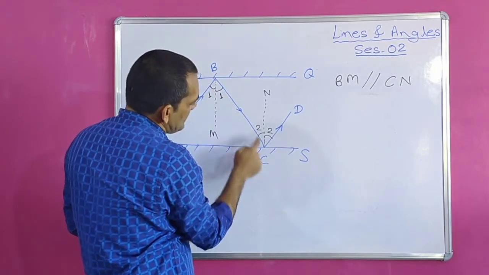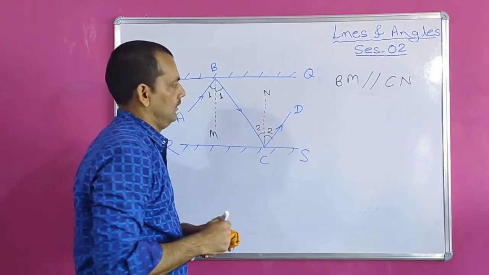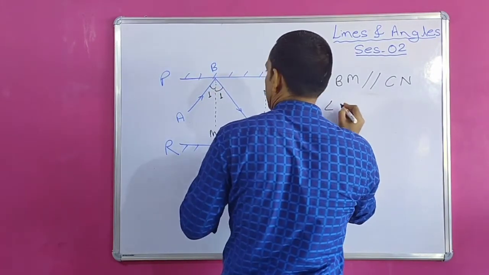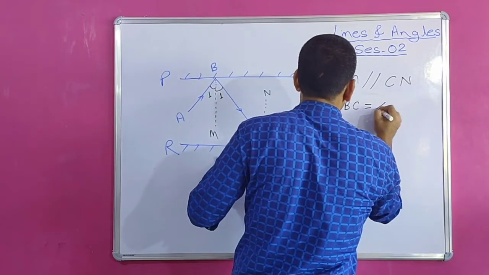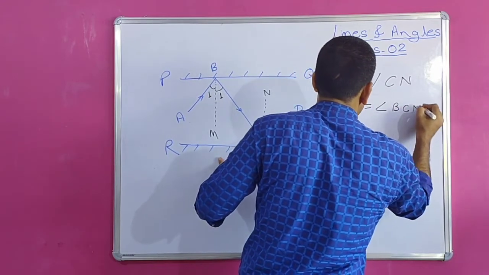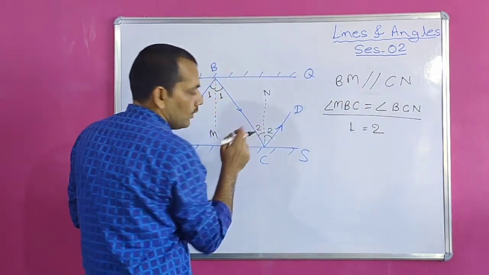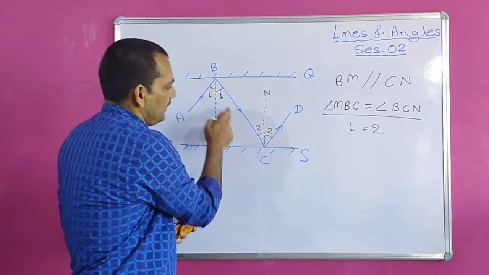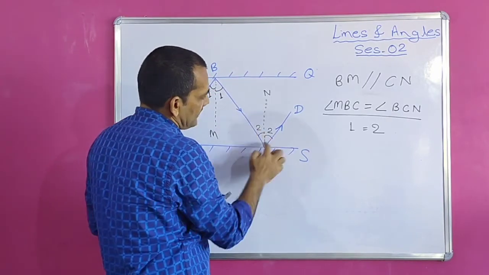So using the same property, if BM is parallel to CN, then MBC and BCN, these two alternate angles, will be equal. Angle MBC equals angle BCN. It simply means 1 is equal to 2. If 1 is equal to 2, these two together make this angle and these two together make this angle.